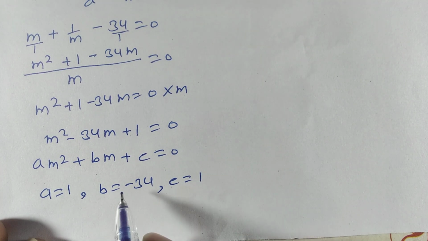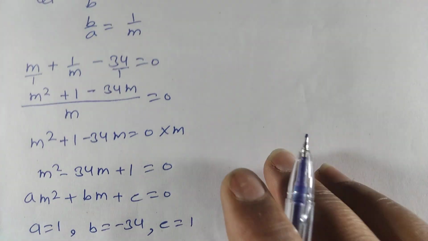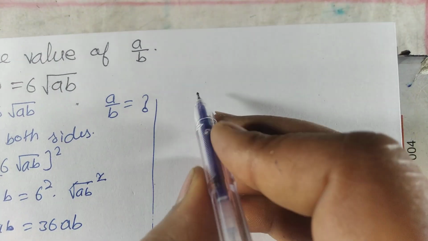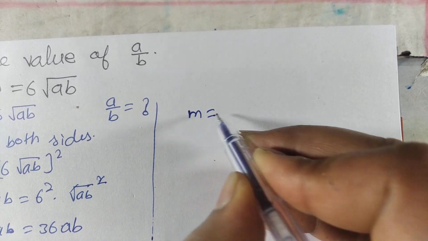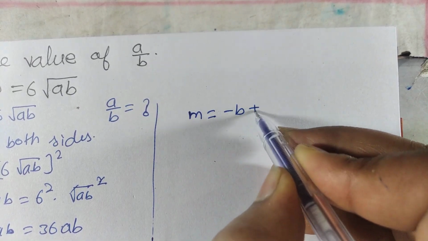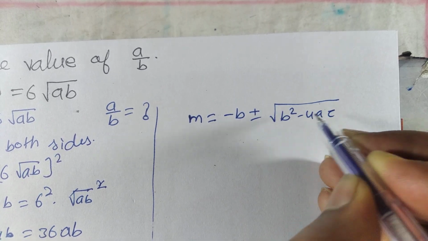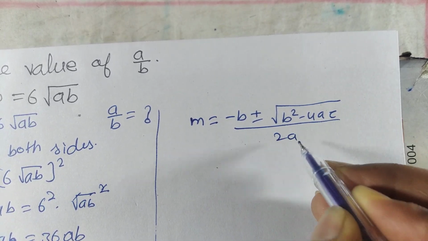Putting these values in the formula, m is equal to minus b plus or minus square root of b square minus 4ac over 2a.